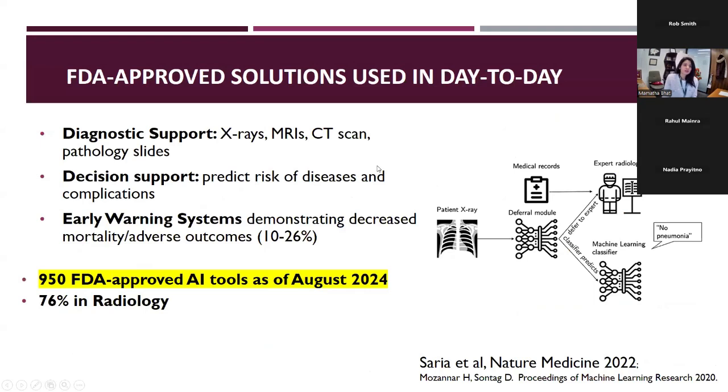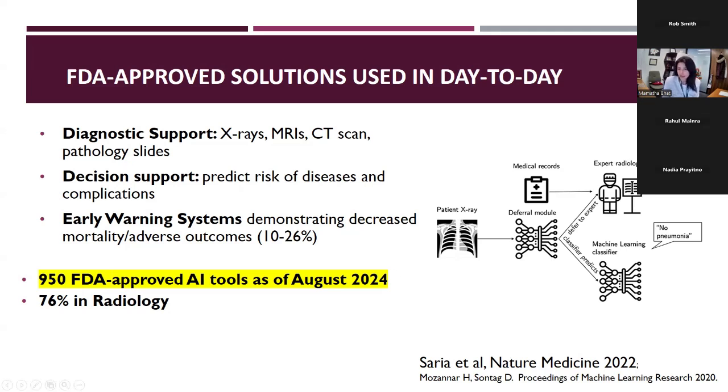Now, if we look at FDA-approved solutions used in day-to-day practice, as I mentioned, there are different types of decision support and diagnostic support tools. There's also the implementation of early warning systems that has been reported on.